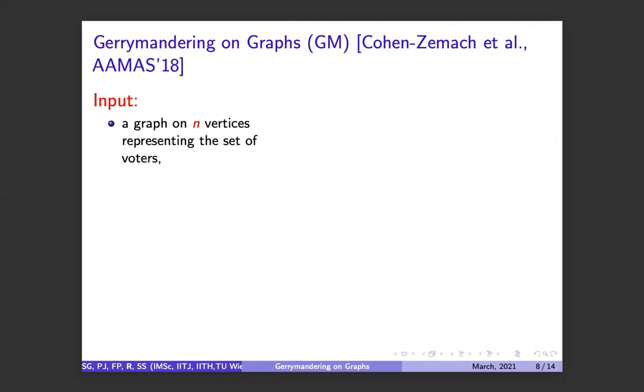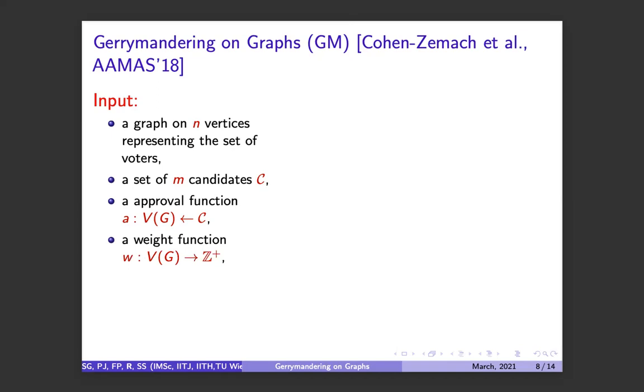Formally, you have n voters and m candidates. In the example we saw, we had only red and blue candidates, but formally you can have m candidates. Each vertex approves one candidate, and each vertex also has a weight.